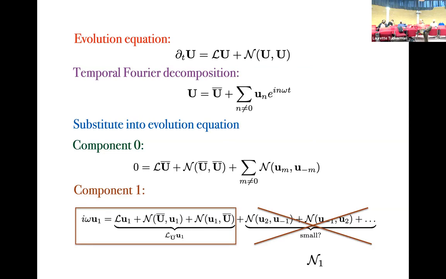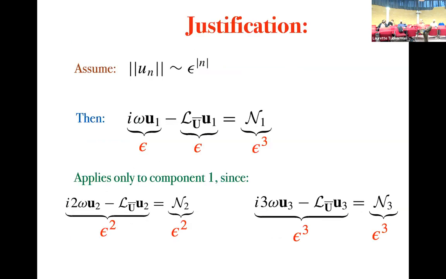Okay. So that's good. And now here's some justification. Let's suppose that the temporal components behave like this, and that's often the case. They decrease as the harmonic degree goes up. Then we have an epsilon from the 1, and this is order 0 because it's the bar, epsilon from the 1. And here we have 3.